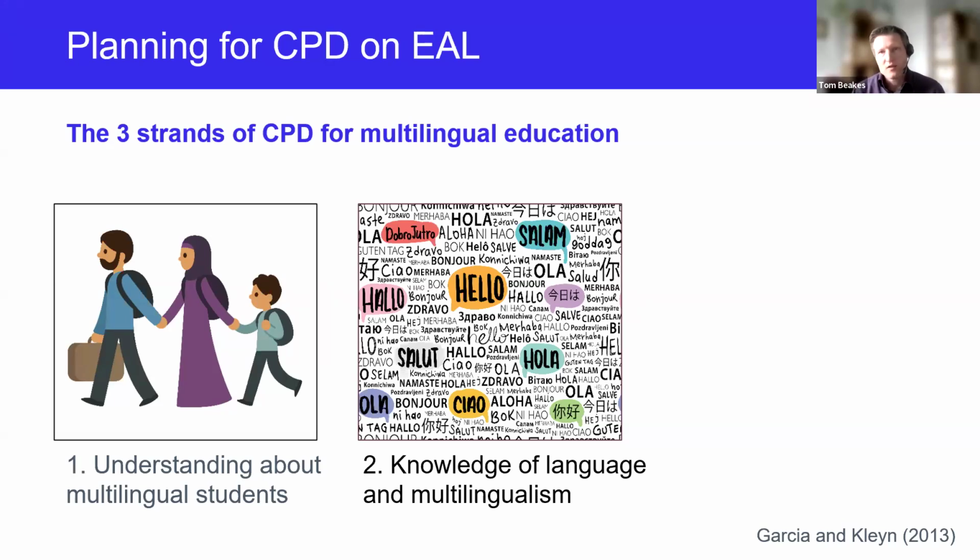And I think in the UK, especially if you're working in quite a monolingual environment, this is really important. And it's something that I think a lot of teachers can be a little bit nervous about or afraid of.